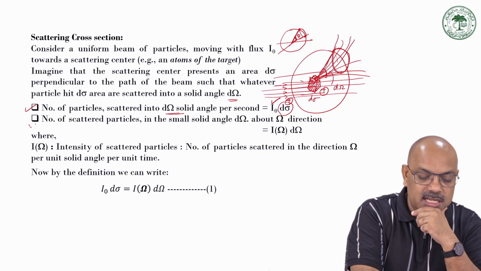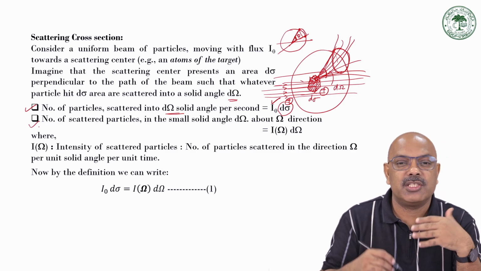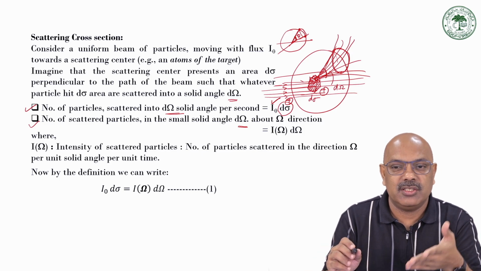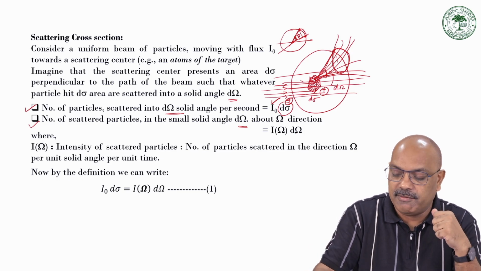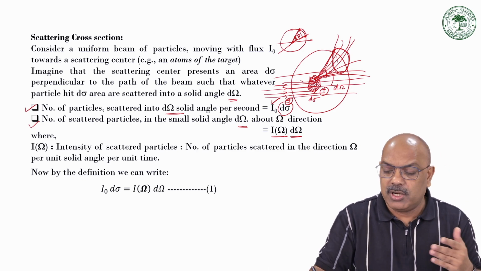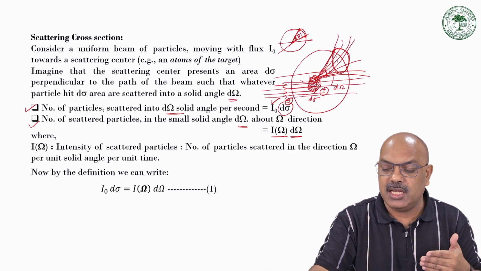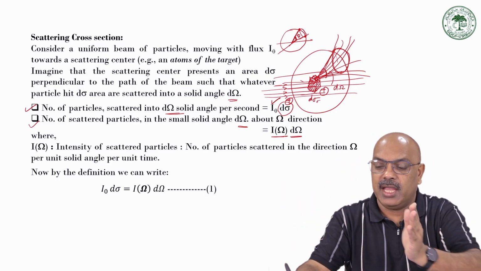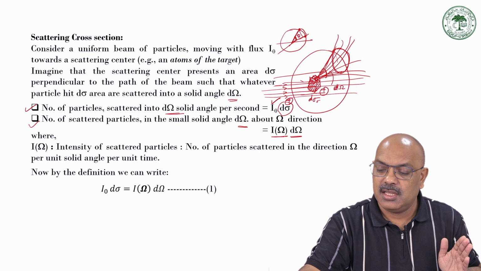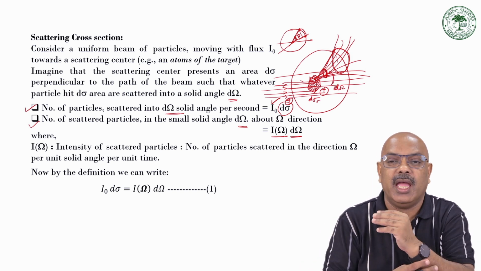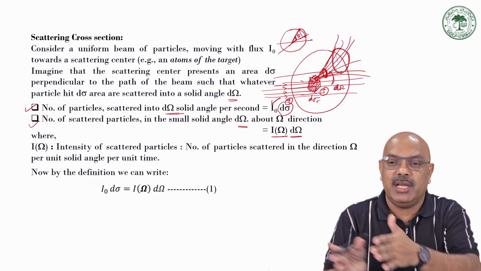And the second thing is the number of scattered particles in a small solid angle d omega about the omega direction. That is going to be I omega times d omega. This is very natural. Whatever particles hit this area d sigma are going to be scattered into this d omega angle about this omega direction.